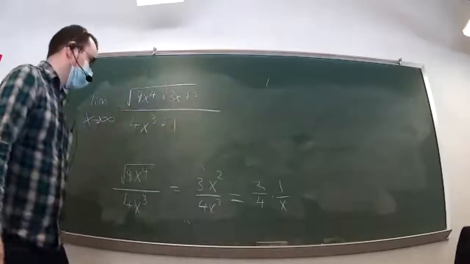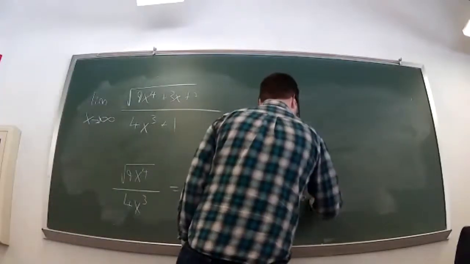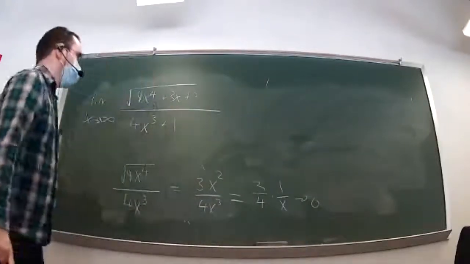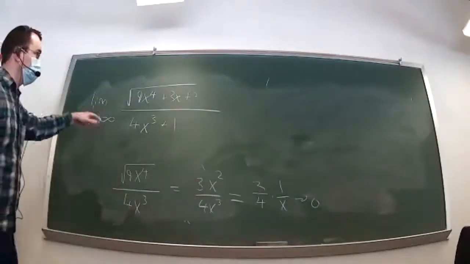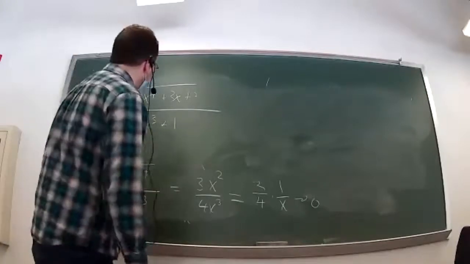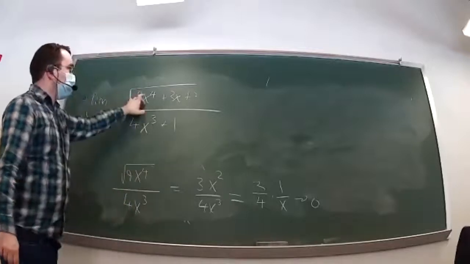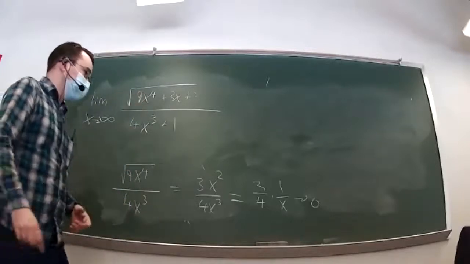And as x goes to infinity, this certainly goes to 0. So as a mathematician, when I see a problem like this, I'm making that calculation in my head and thinking, yeah, this is probably going to 0, because I've basically got x squared up here and x cubed down there.